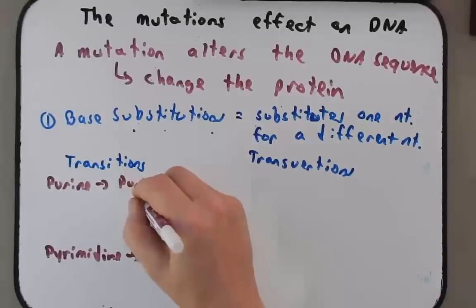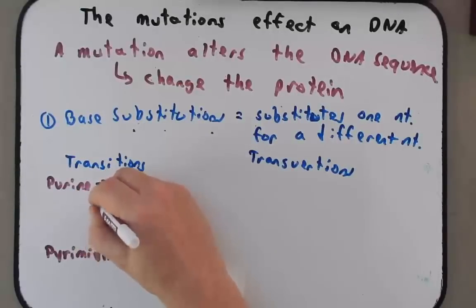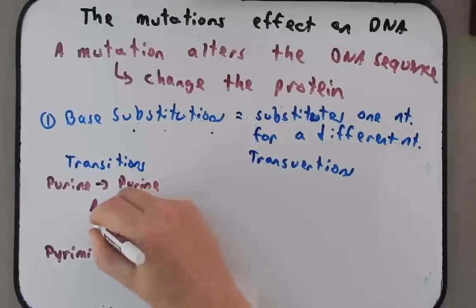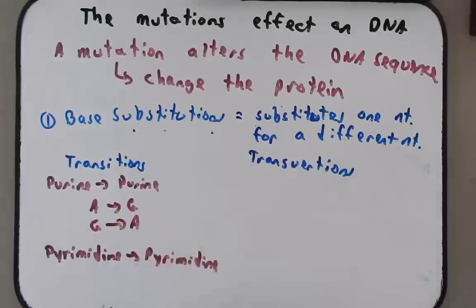So for instance, a purine to a purine would be an adenine to a guanine, or vice versa, a guanine to an adenine. Remember, our purines are G's and A's here. A pyrimidine to a pyrimidine would be changes such as a cytosine to a thymine, or a thymine to a cytosine.